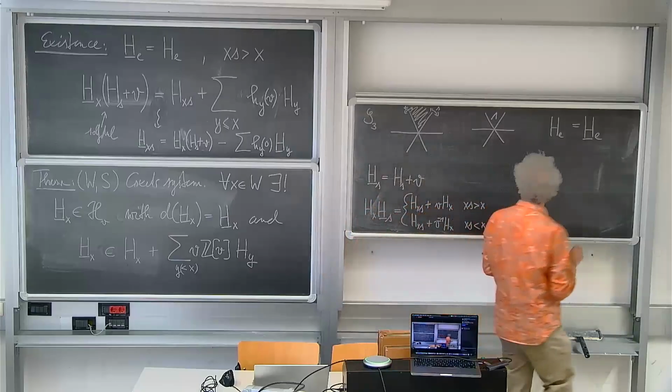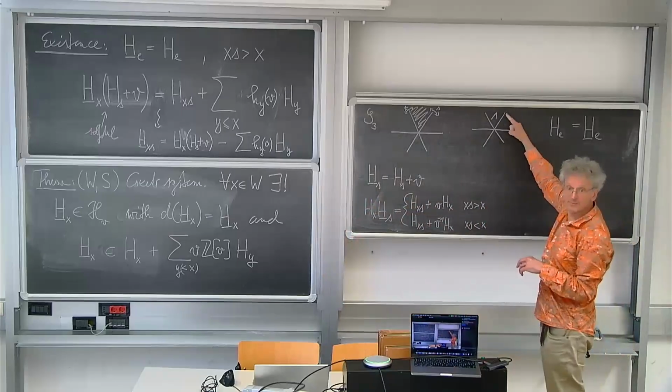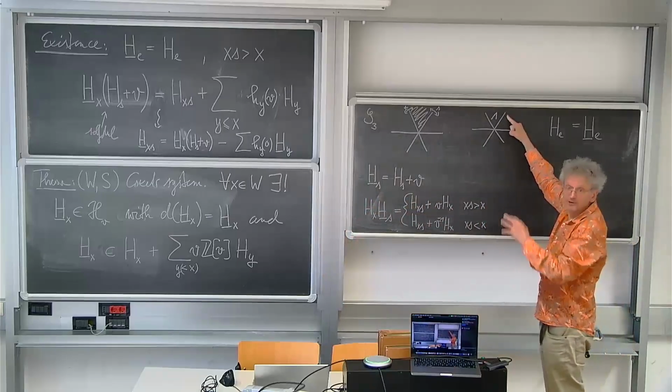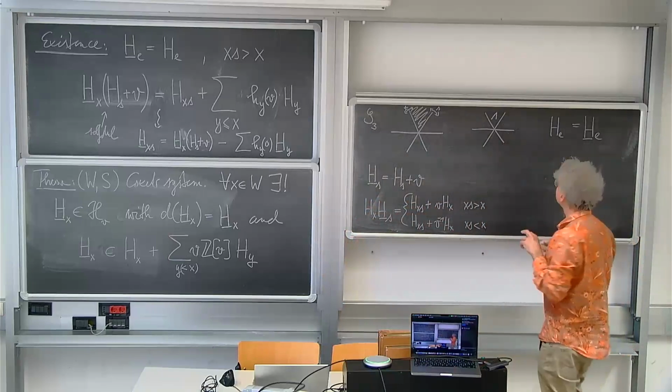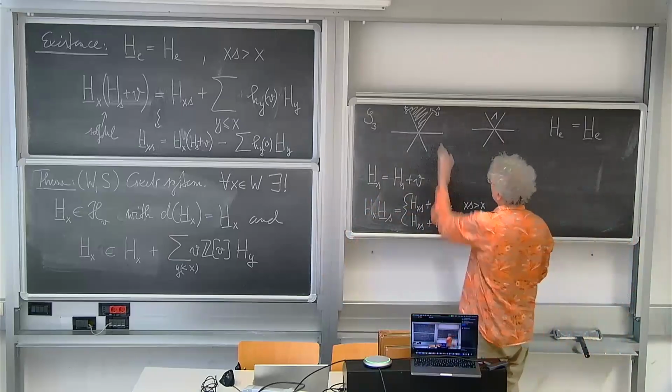And now this is the only thing which is very bad with my picture, that what was smaller is higher. This is bad. Okay, we have to look at it now. Well, no, I draw everything like that.